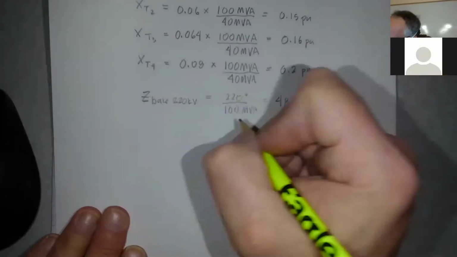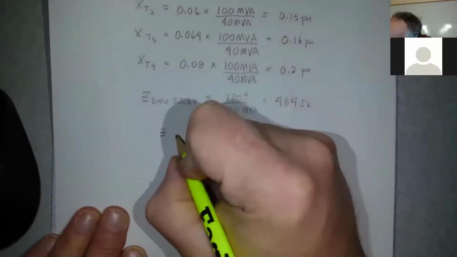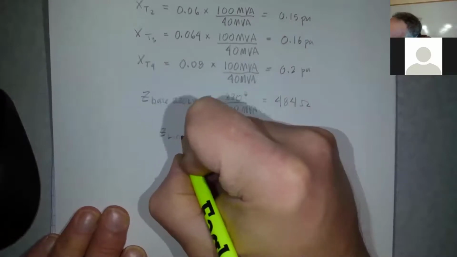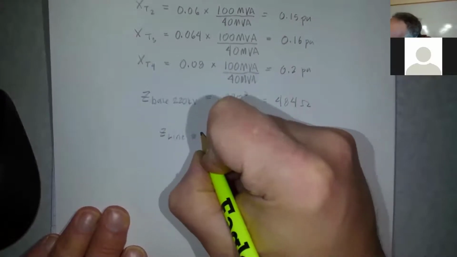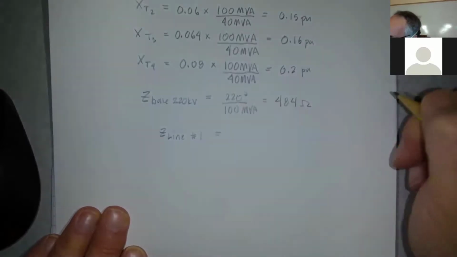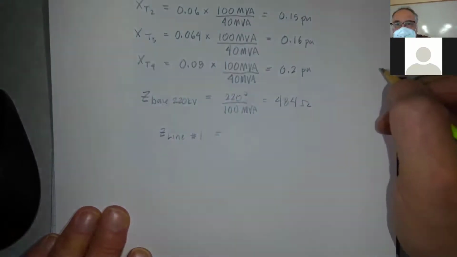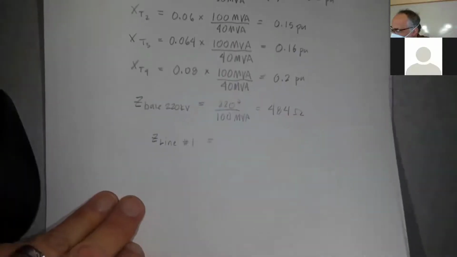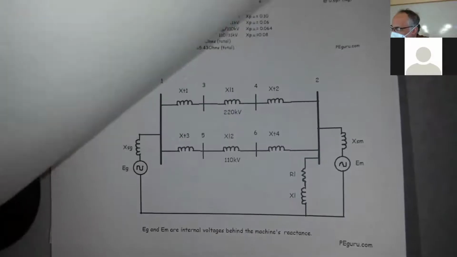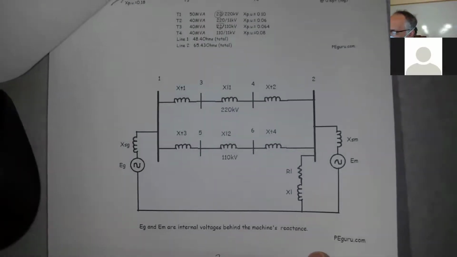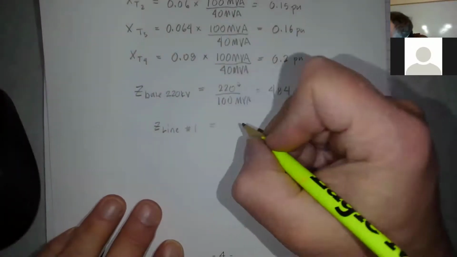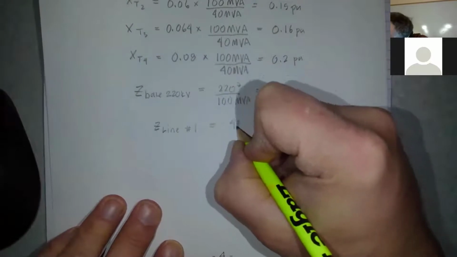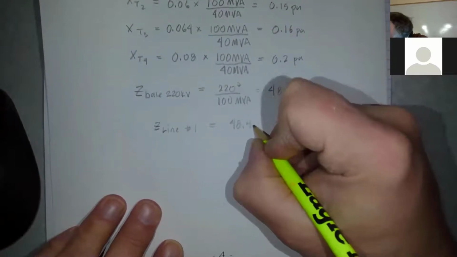So if we want to get Z line number 1, what's the actual impedance value of that line? 48.4 ohms.